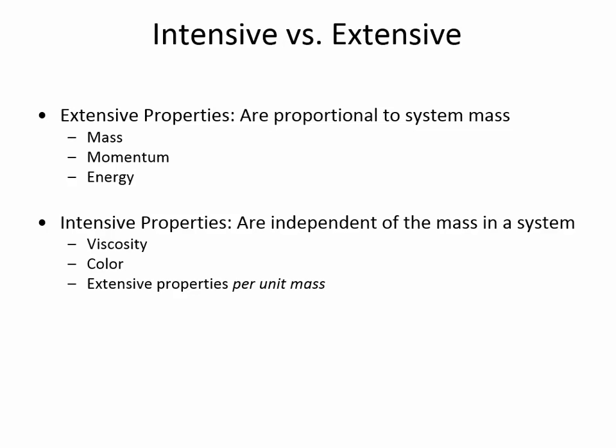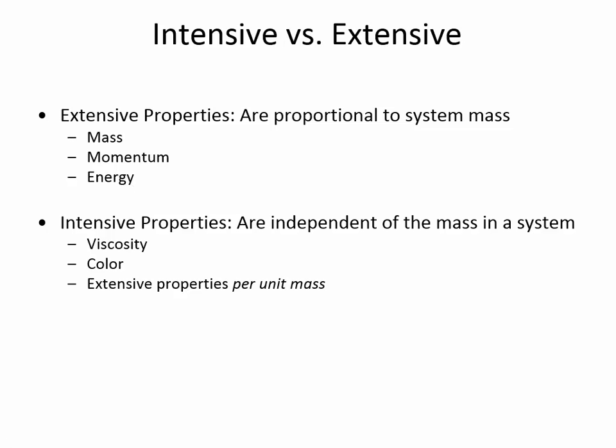If we took a sample of the water and put it into a device that measures turbidity or color or viscosity, there are some properties that don't change as a function of the flow rate or how much mass there is. Just to give you those definitions, because the text brings them up, some properties, like energy, it's common to talk about per unit mass.